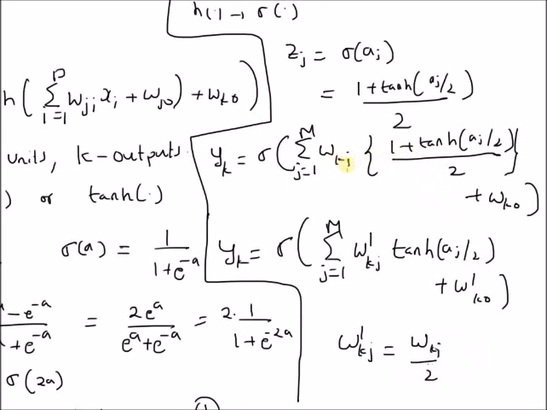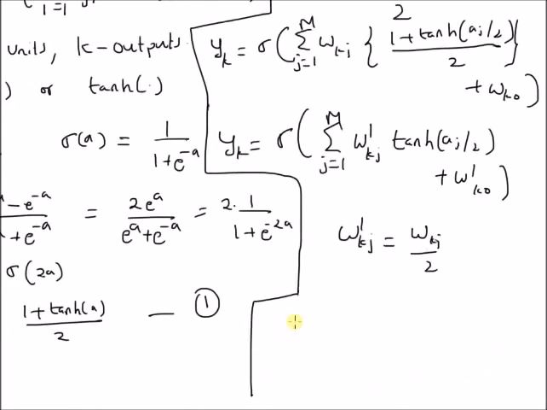That is, we have wkj by 2 is equal to w'kj, and w'k0 is equal to the original bias wk0 plus half of summation j equal to 1 to M wkj.